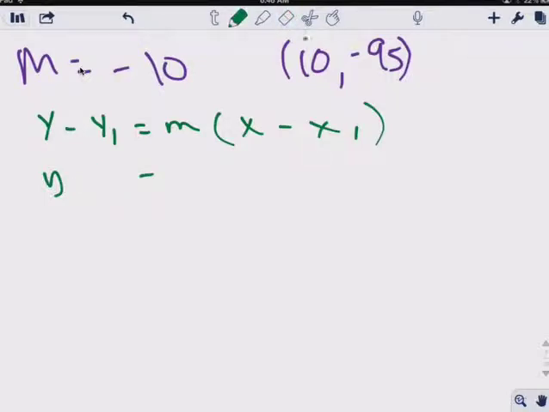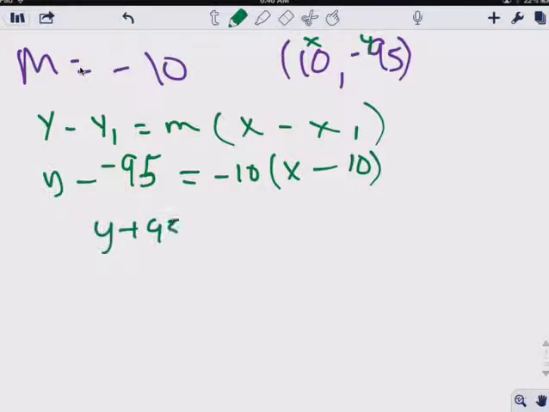Remember, these are x and y. y minus negative 95 equals negative 10 parentheses x minus 10. So y plus 95 equals negative 10x plus 100.